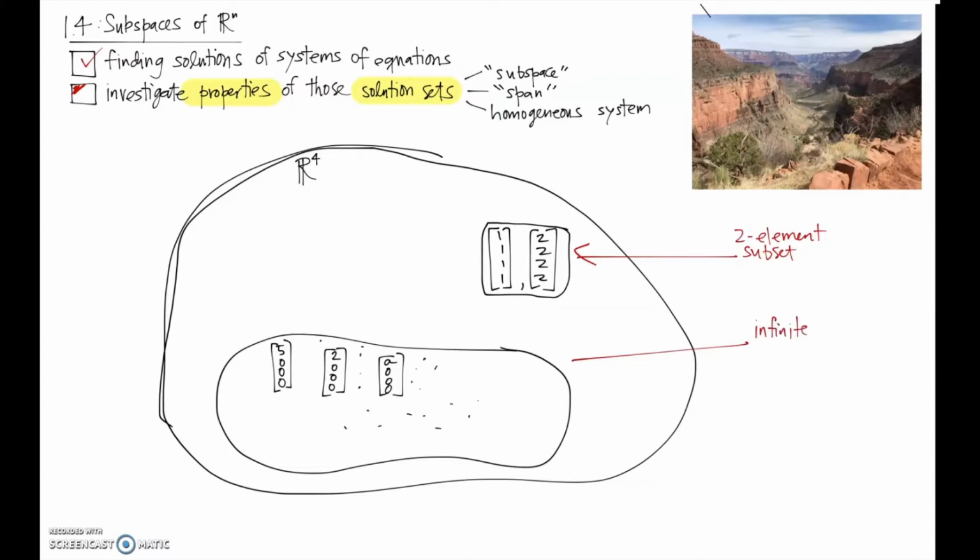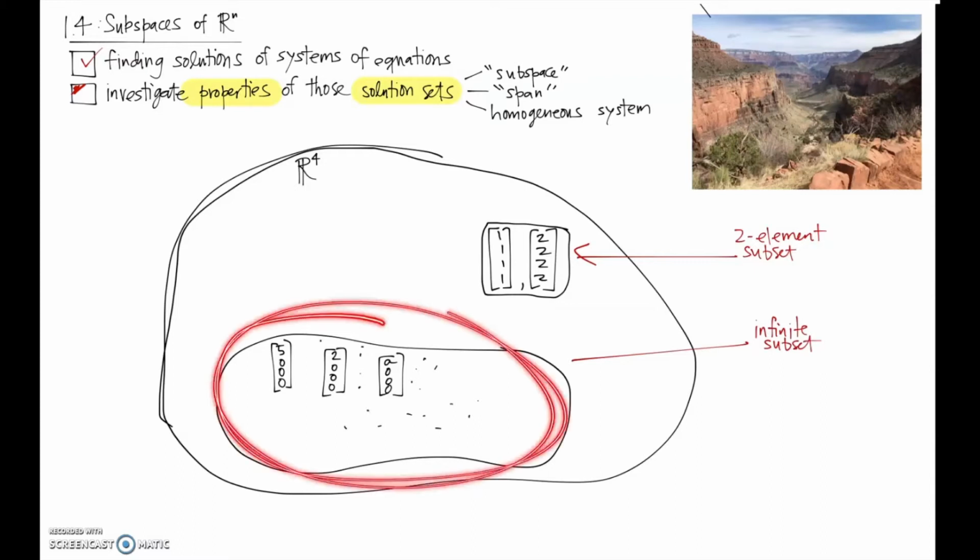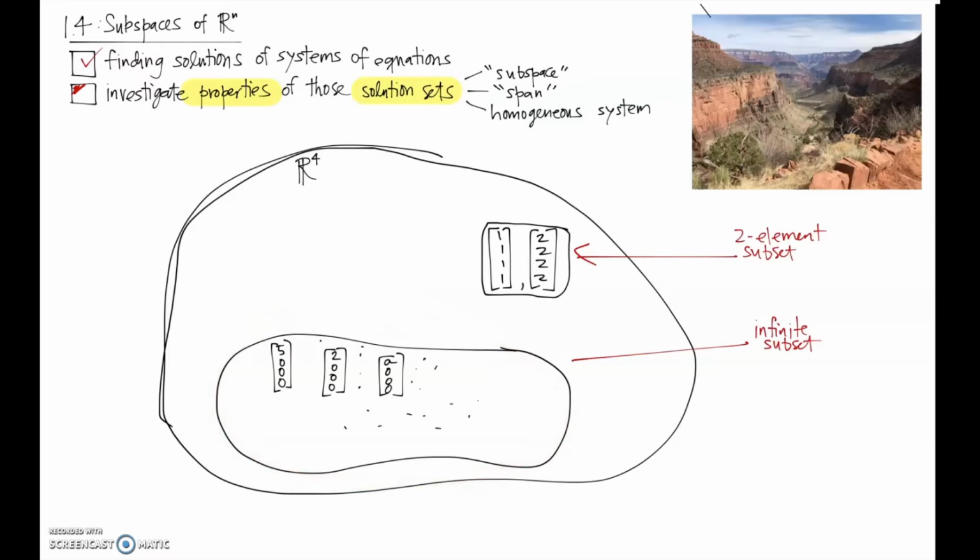What happens if you add 2 vectors that are in that set? Could the solution ever pop out and be something that doesn't already belong in here?